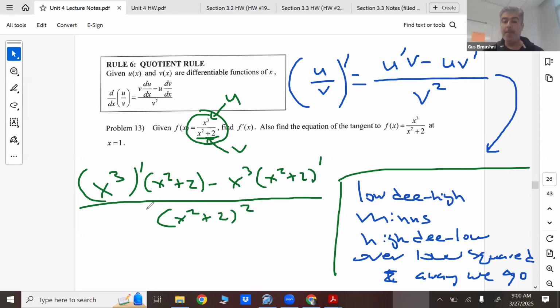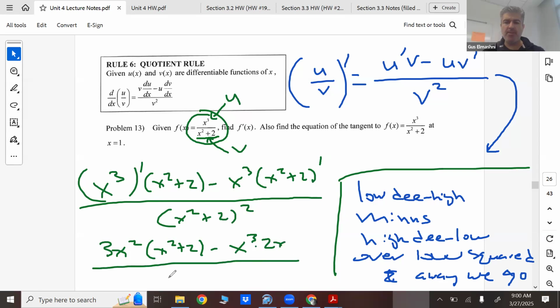What's the derivative of x cubed? 3x squared. What's the derivative of x squared? 2x. And the bottom is what it is.